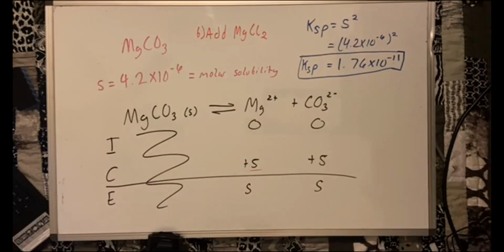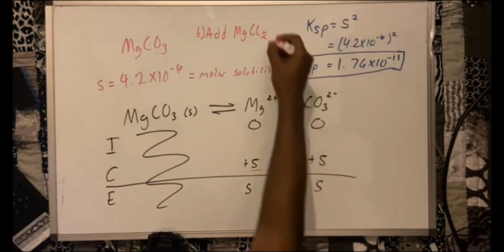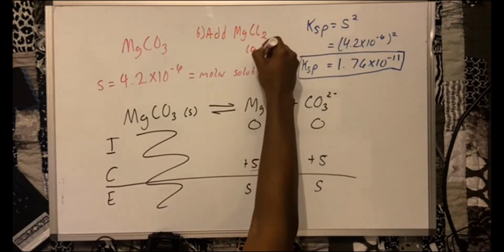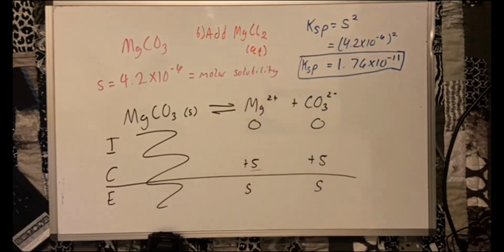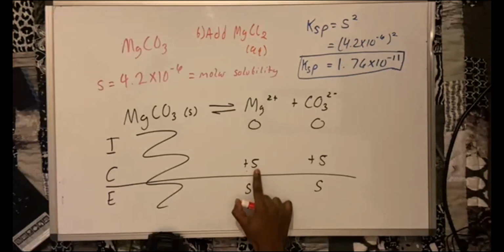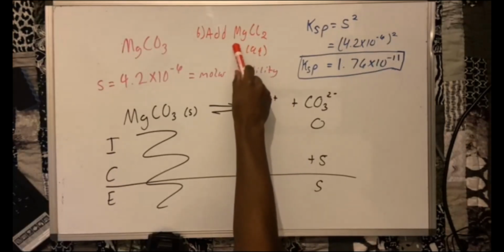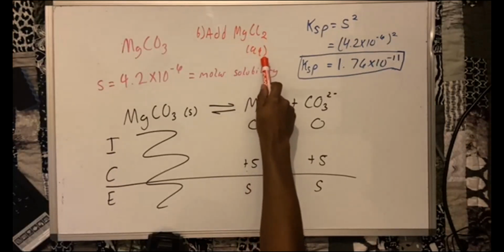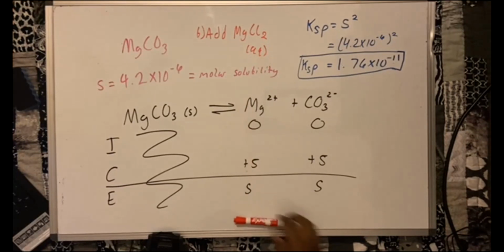Hopefully it is. If it is, then it'll shift left. Let's assume it's aqueous; I'm pretty sure it is. Then S would decrease, so my solubility would go down, right? Does that make sense? Can you explain that? So I put in MgCl2 and it's aqueous. I'm going to erase some of this stuff.